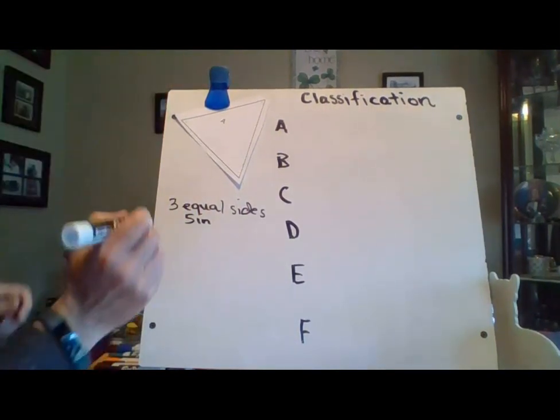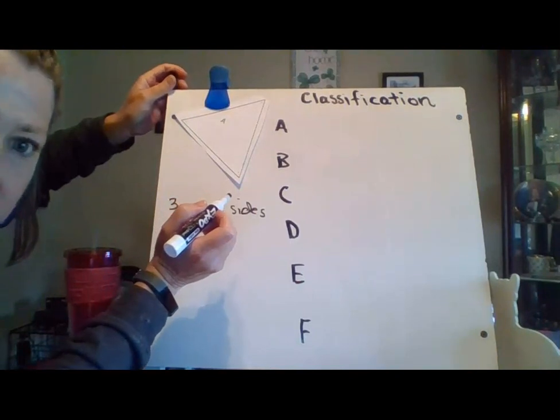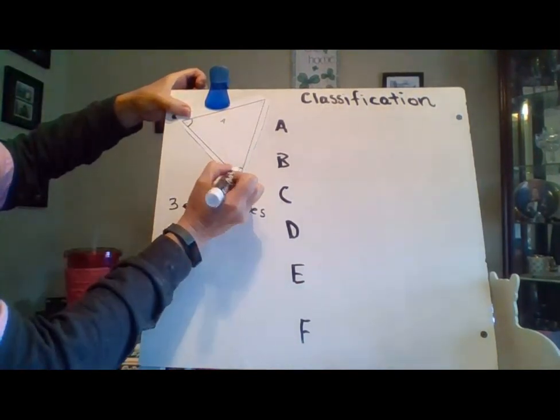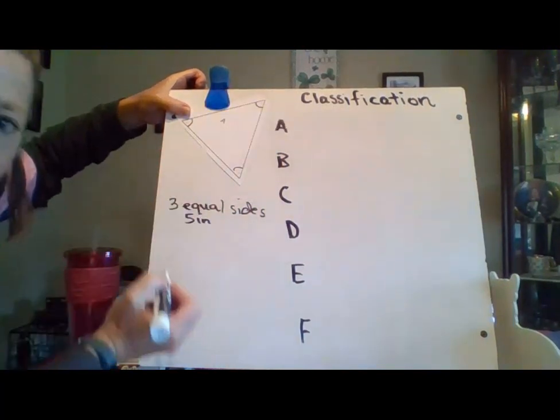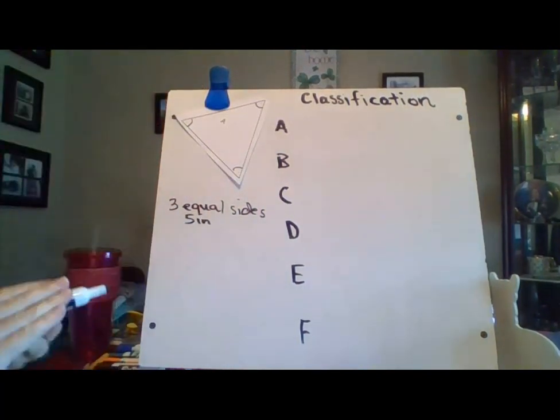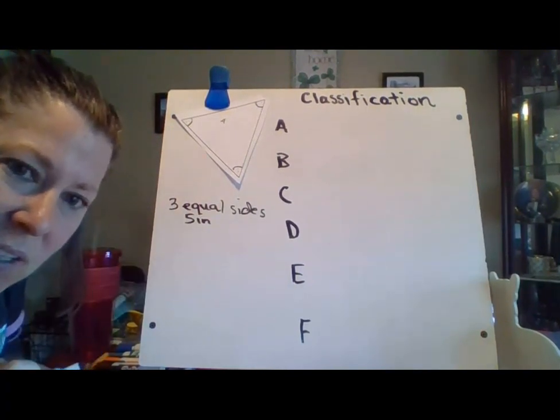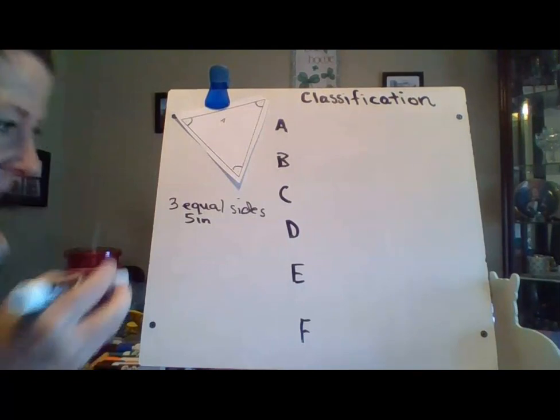And now look at the angles. 1, 2, 3. Those are acute angles. They're all acute angles.